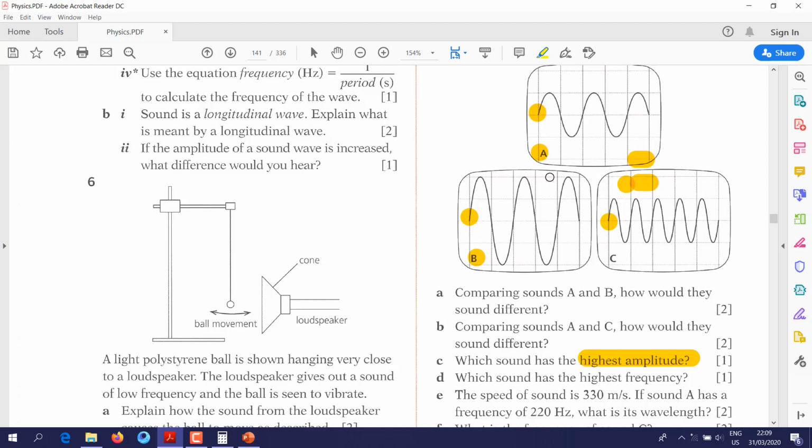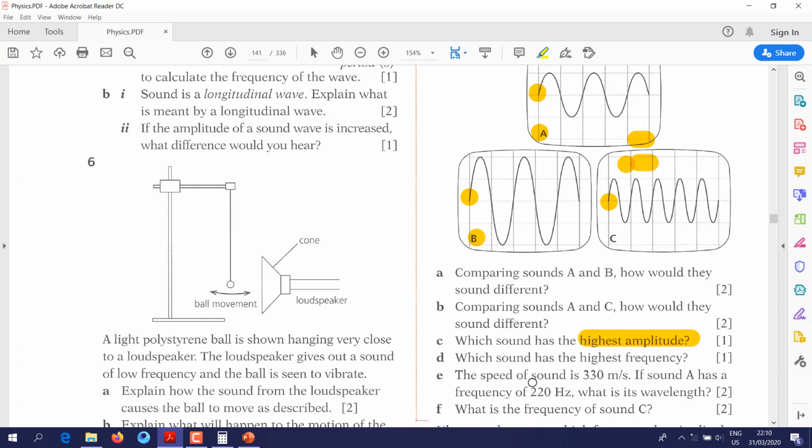Here 1, 2, 3, 4. If you look at C, you will see it has the highest frequency. Why? Because here we have 4 waves in 1 second. So the answer will be C.